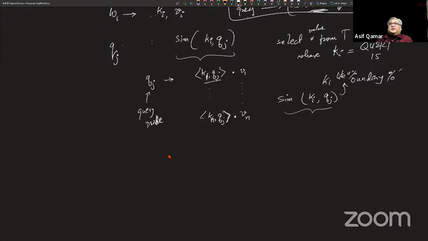So what will you end up with? The value that you will retrieve, you will end up retrieving all of those values, v1 to vn, because no value will be left behind, except that each value would be weighted. They'll be weighted by the similarity: k1 qj times v1, k2 qj times v2. Are you getting it?